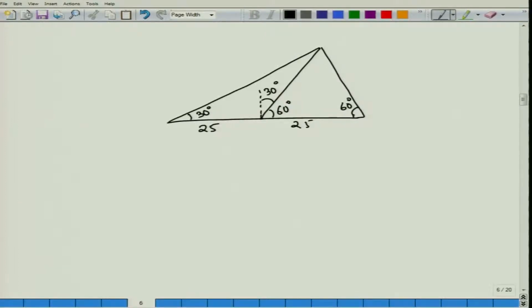Now, how much is the actual height of the tree? There are two ways of solving this problem. One, the easier method. Let us call these points A, B, C, D. Now consider triangle DBC.